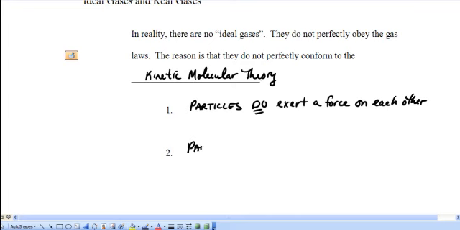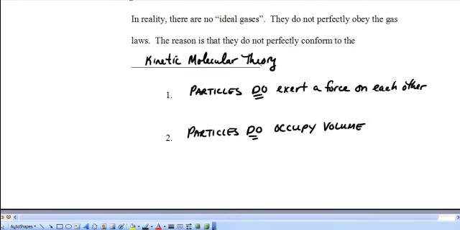And particles do, in fact, occupy volume. And so, though we're not going to test you on this, some of you will be taking a look at this in AP chemistry. Rather than saying PV equals nRT, you have to correct the pressure and the volume.